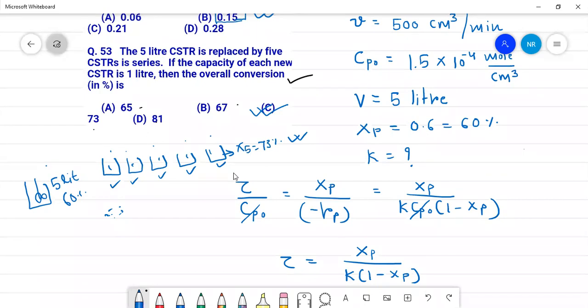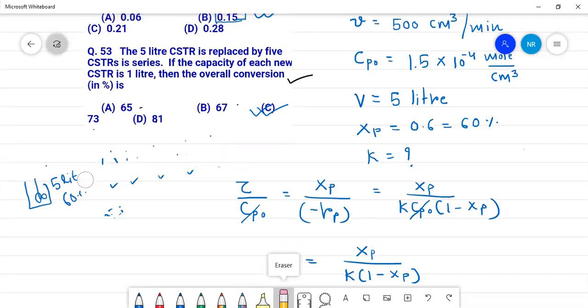So that is the ultimate goal. That is the knowledge, the fundamentals, that I would like to give regarding this one. Are you convinced with this? You understand this concept? Yes, conversion is increased by 13.